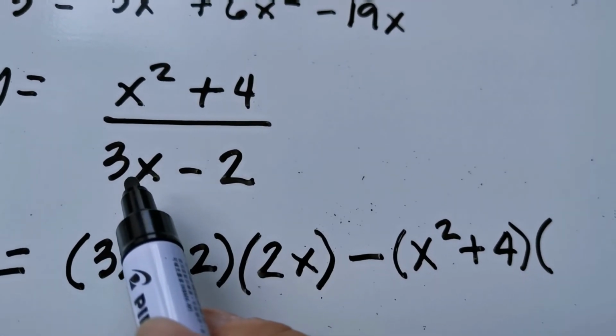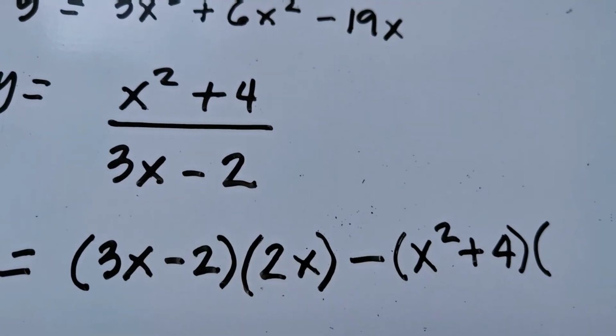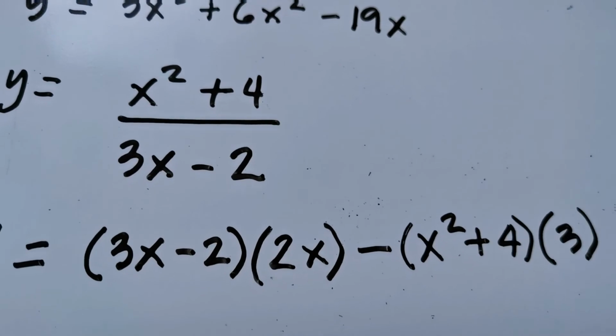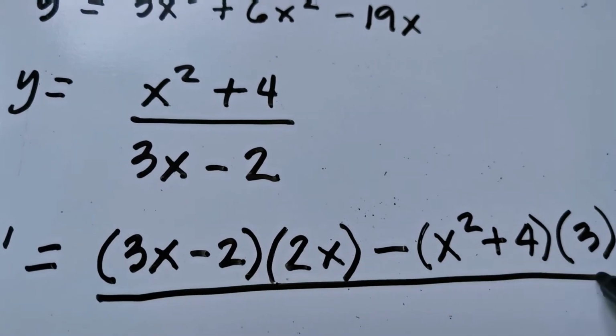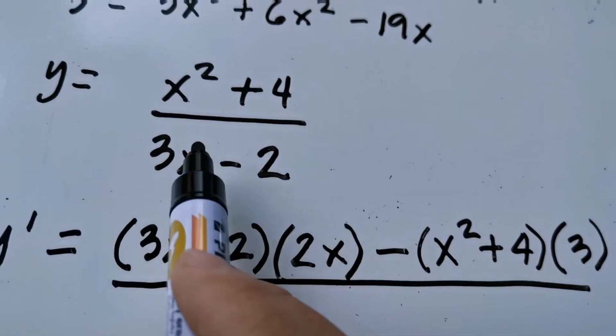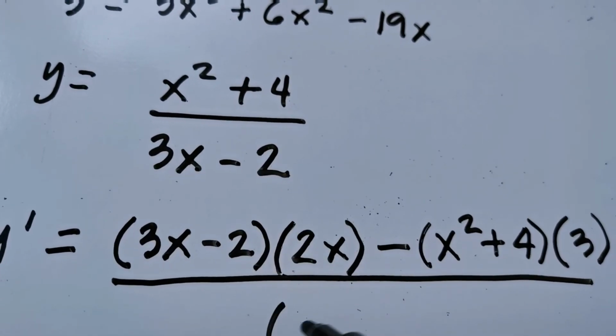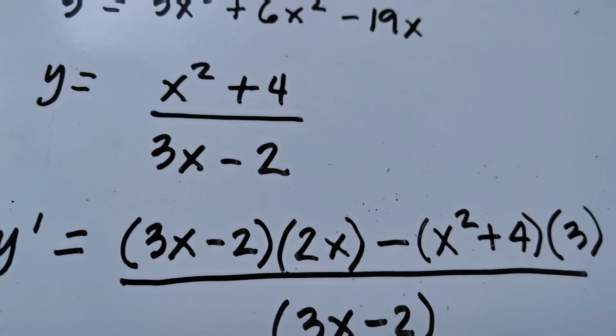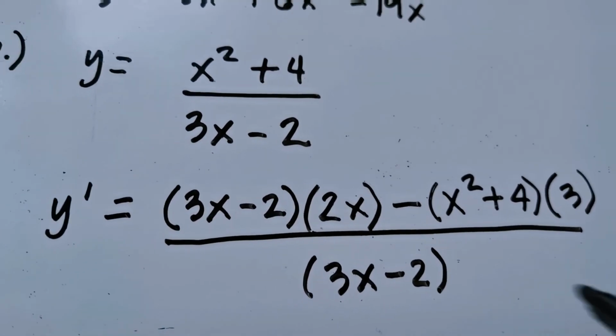So the derivative of our denominator is 3, all over the square of our denominator. So we have 3x minus 2 squared.